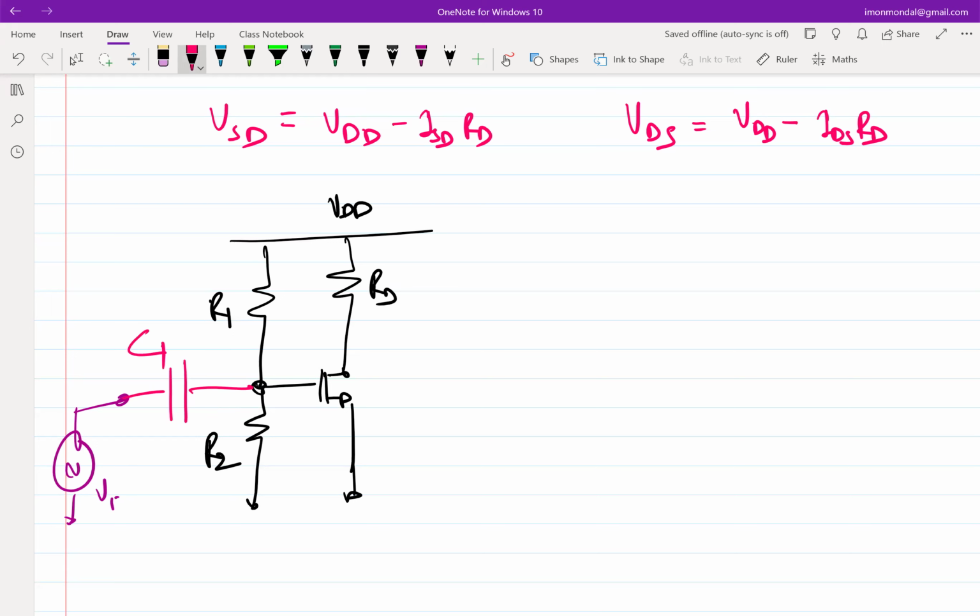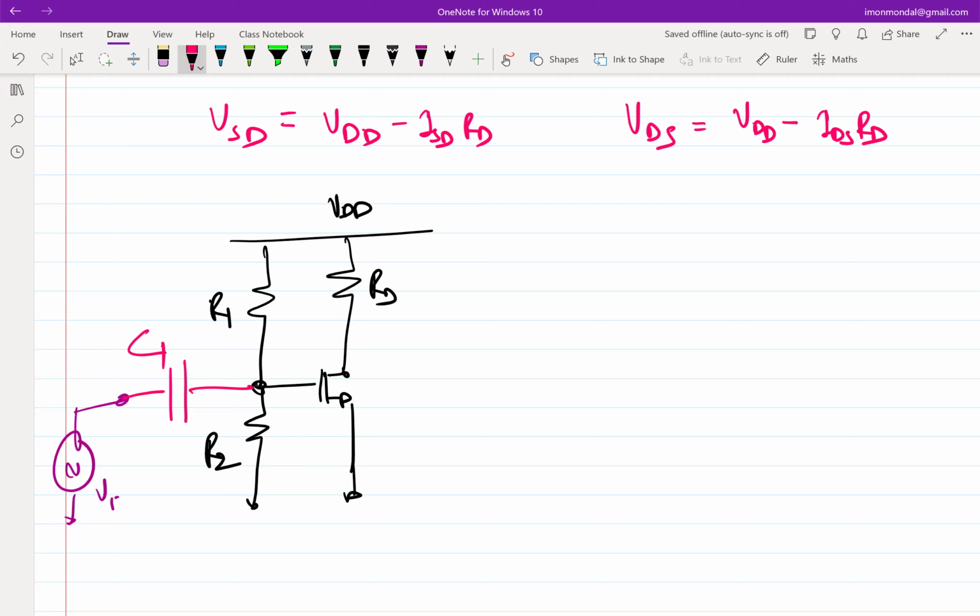If the capacitor is infinitely large, then all of the sinusoidal excitation comes to the gate. And by virtue of putting a capacitor, I'm not tampering with the quiescent points either. The same argument which we did with respect to the PMOS device.